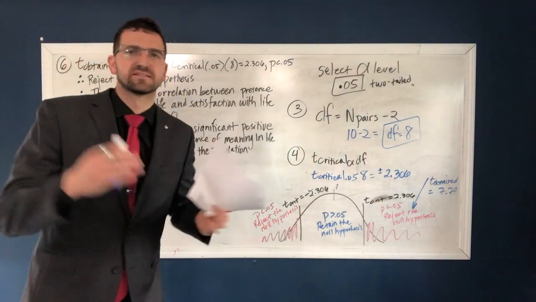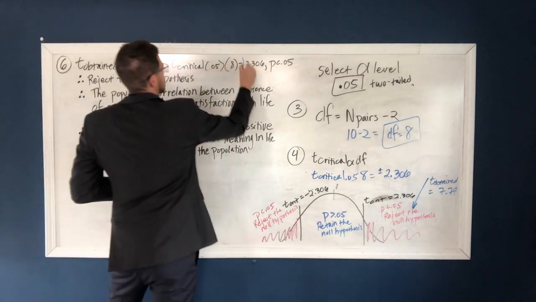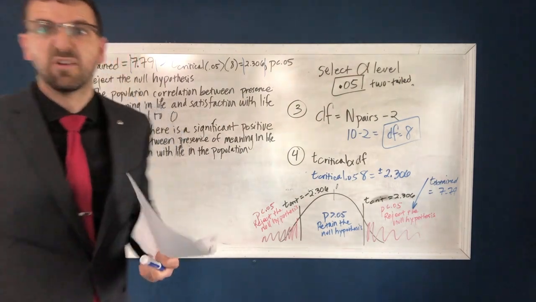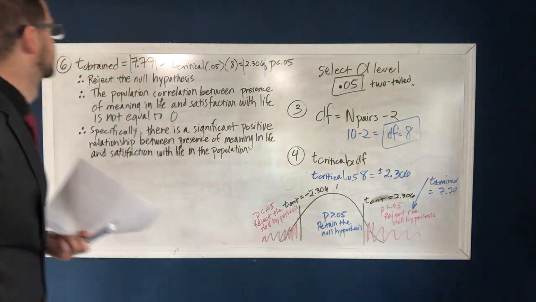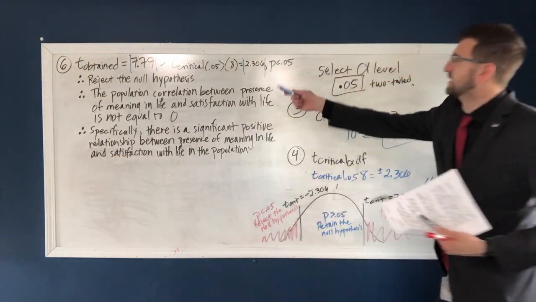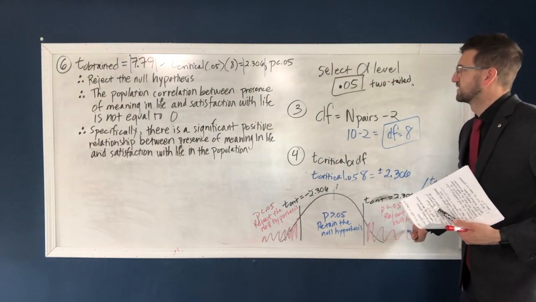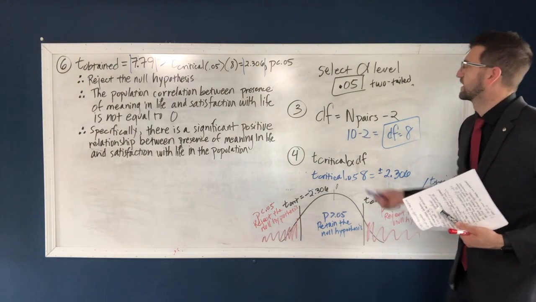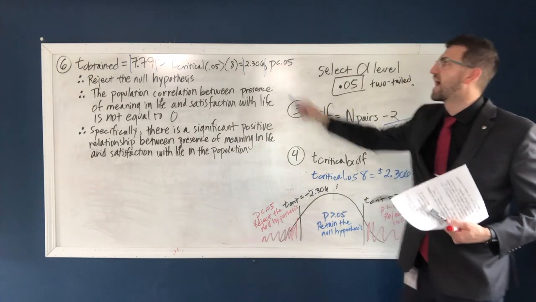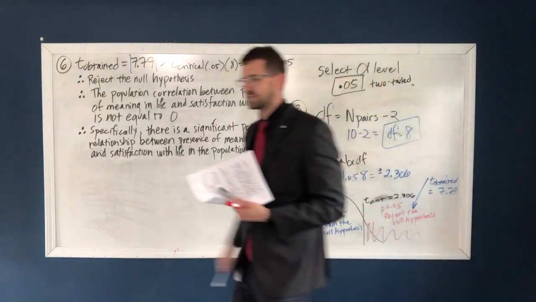Sometimes it's weird to talk about negative numbers. So absolute value is this. So even if these numbers were negative, it would make them positive. Okay, so because the t obtained is in this rejection region, because it's greater than the t critical, our p is less than 0.05, and we're rejecting the null hypothesis.